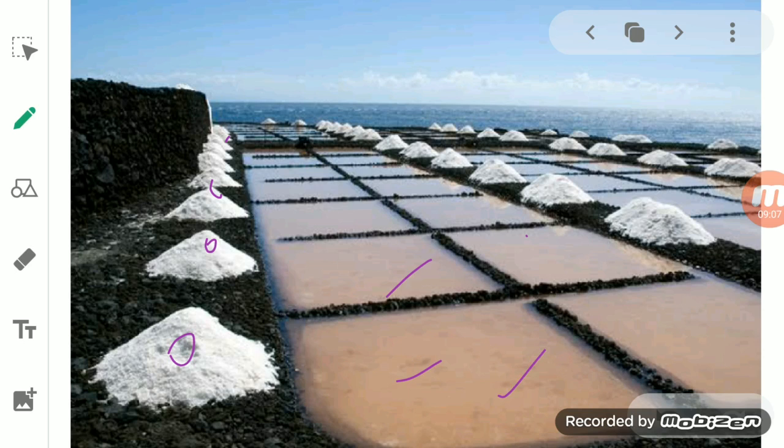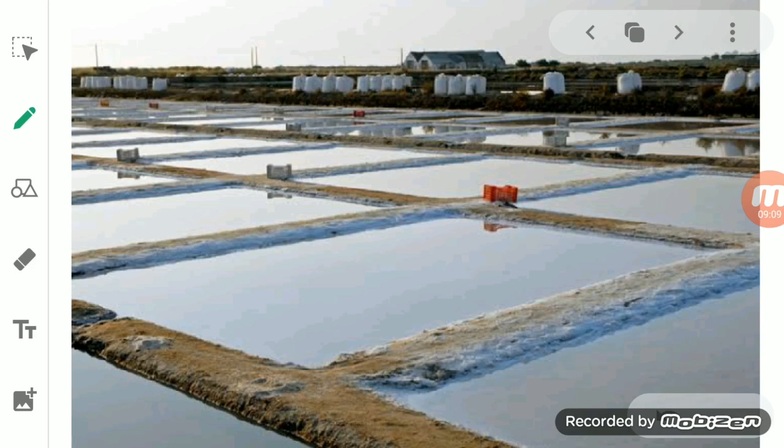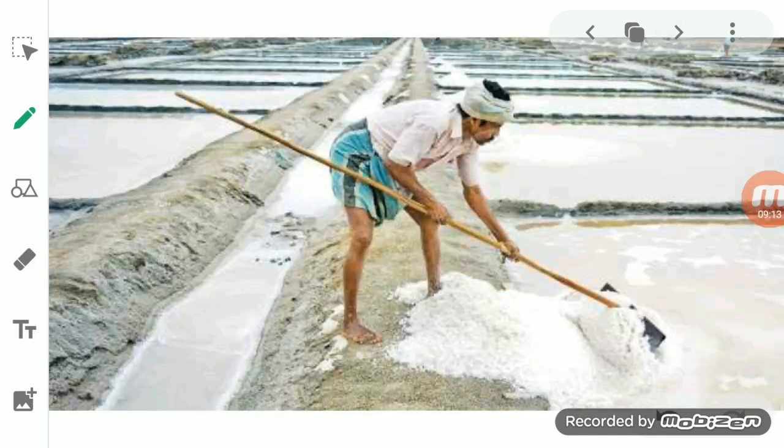Due to the heat generated by the sunlight, the water evaporates, and the salt remains in the place where we had kept the water. All the water evaporates and only the salt is left behind. So by this process we can separate common salt from sea water.